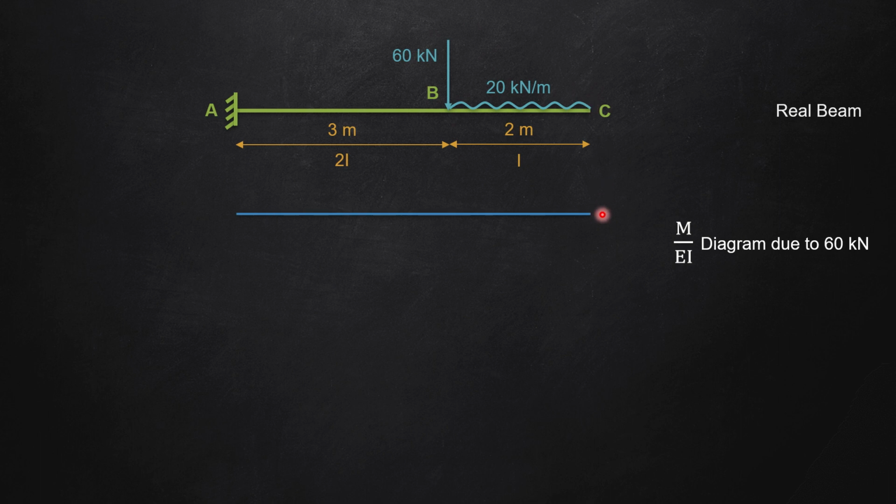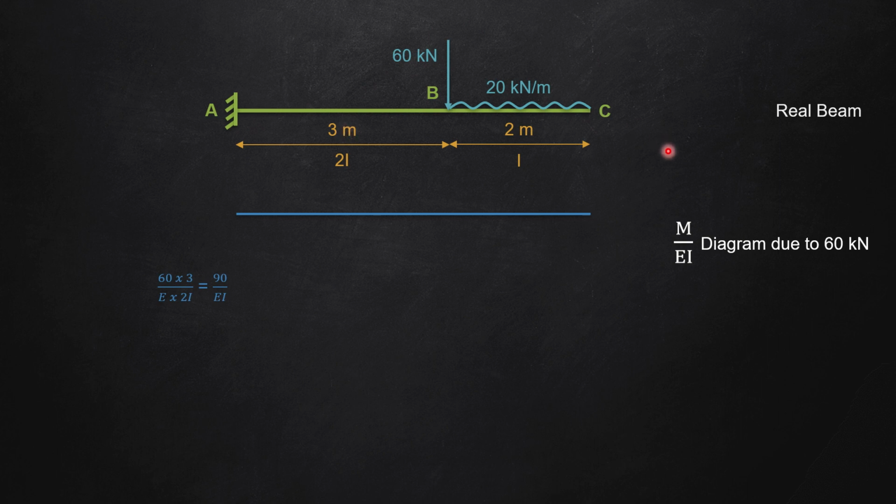So I am finding out the M by EI diagram starting from right to the left. Because of this 60 kilonewton, the portion CB has no load, so therefore the moment at C as well as the moment at B will be 0. But the moment at A will be 60 multiplied by 3, right?